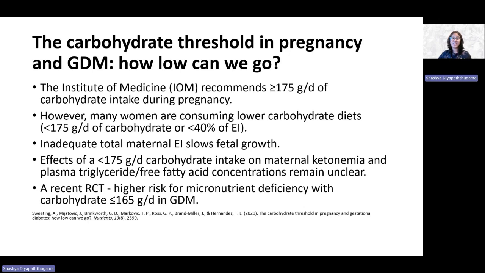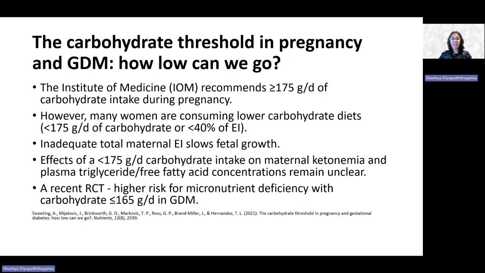We don't have a fixed value for this because different guidelines give different values. 175 is the one that we can follow based on the QLD guidelines and the IOM guidelines. But if somebody is having a very low carbohydrate diet, that would be inadequate to meet the needs, so that would slow the fetal growth.